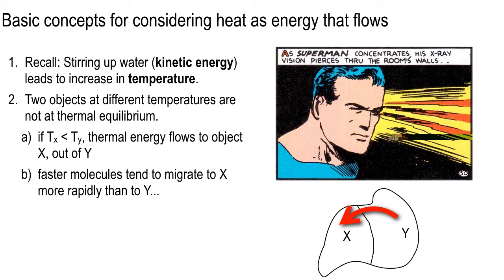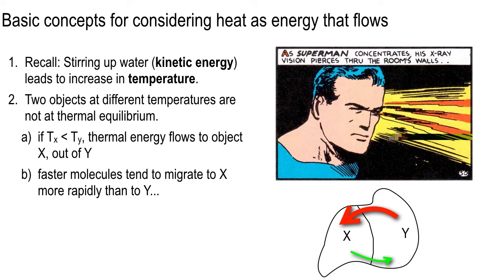Go ahead and sketch that in. Big red arrow, from Y to X. Now, X is going to swap energies with Y, but it's going to be a lot pokier. So give it a little arrow to signify, yeah, those molecules can migrate over to substance Y, but they're kind of taking their time.